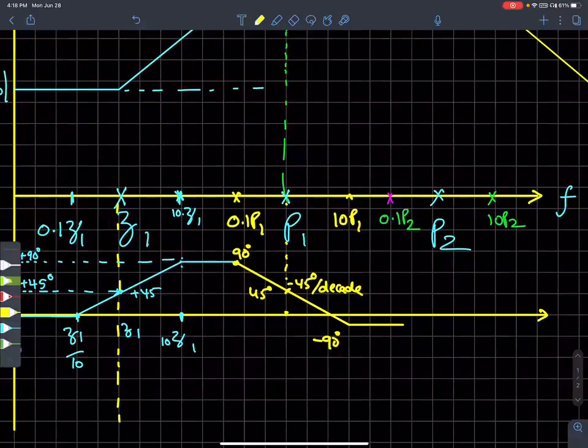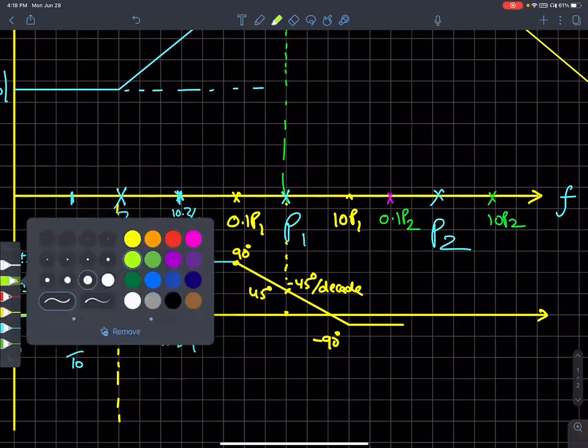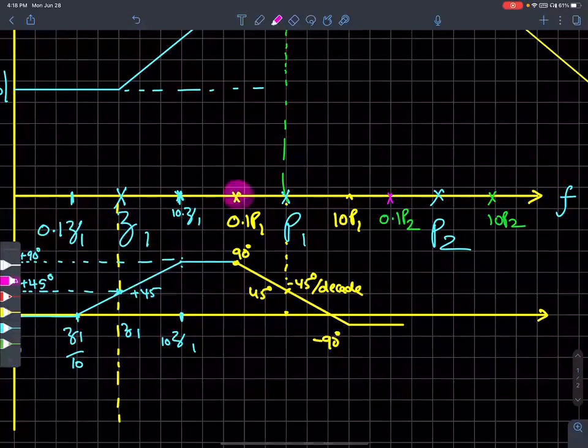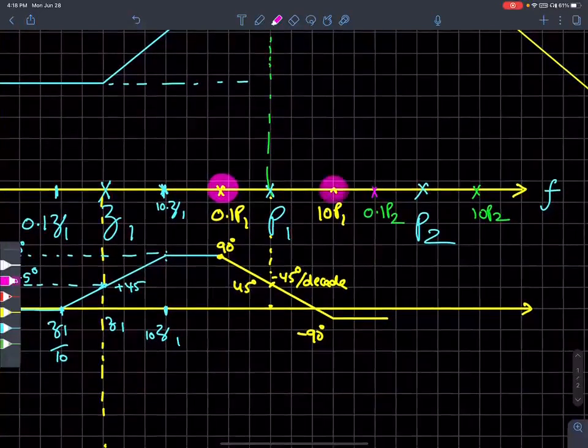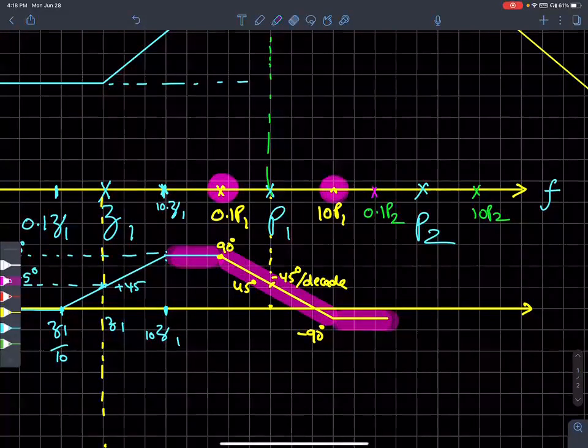Pole 1 has contributed. The effect of pole 1, if you think about it, is only between 1/10 of its value to 10 times its value. That's where this phase shift is going to happen. Beyond that or before that, the pole does not have any effect.